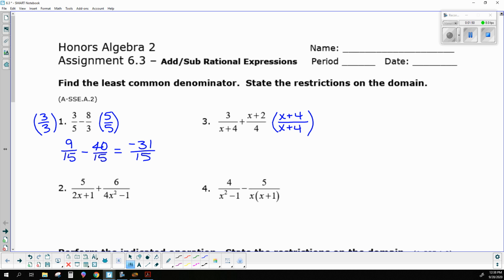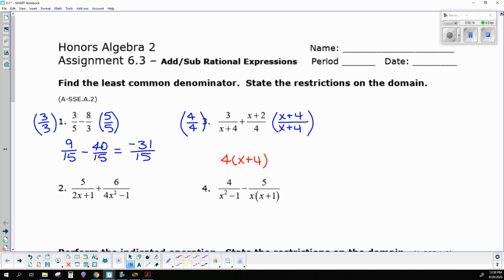So we're going to want to multiply by an equivalent value of 1, which has the missing piece, which is an x plus 4. Similarly, the first term's denominator does not have a plain 4 all by itself. So it needs an equivalent value of 1 created from the missing 4. Notice, our common denominator then is 4 times x plus 4.